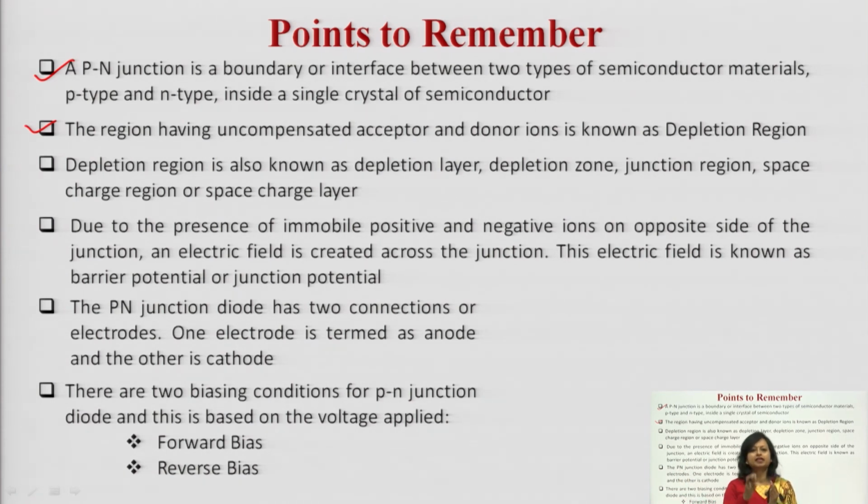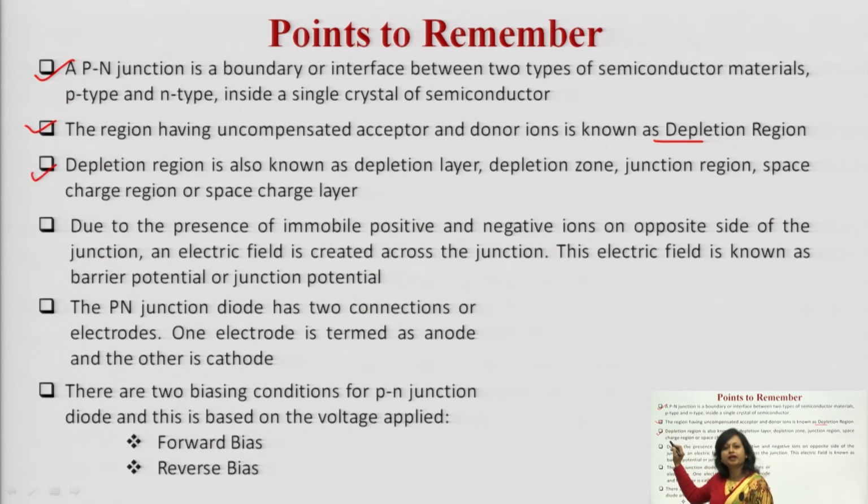After a certain time across the junction, because electrons and holes are recombined, immobile ions will be accumulated. From the p side, acceptor ions, from the n side, donor ions, they will be accumulated across the junction, and they will form a region which is known as a depletion region.